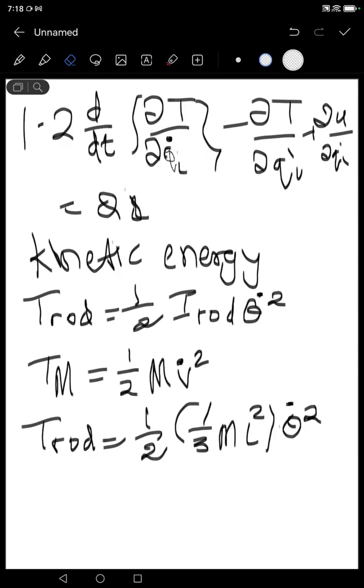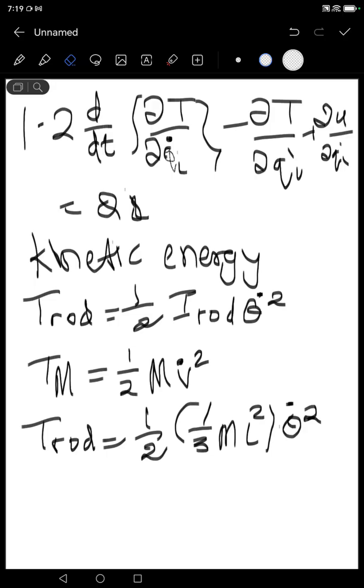Is it mv dot square? Just remember, but I think it's mv only. There's no dot. Let me confirm first. I think it's only V. No, it's V dot square.